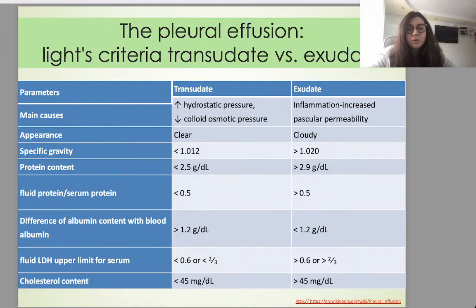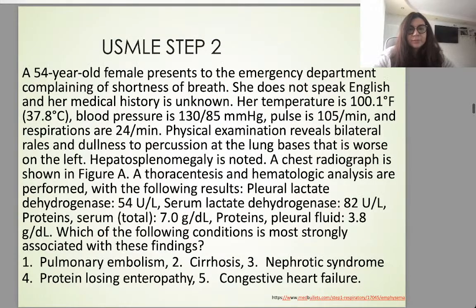Fluid LDH to the upper limit for serum: for transudate less than 0.6 or less than 2 by 3, and for exudate more than 0.6 or 2 by 3. By cholesterol content, for transudate it's typically less than 45, and for exudate more than 45 milligrams per deciliter.